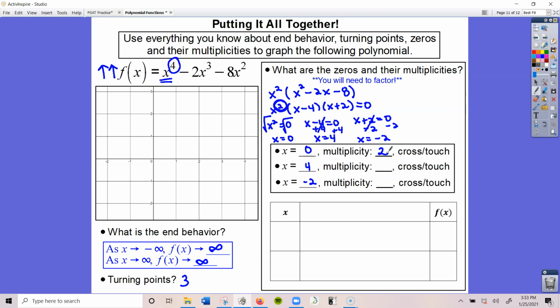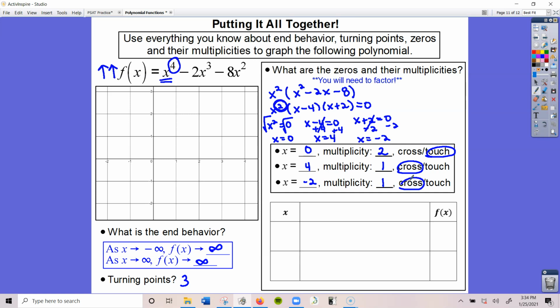If the multiplicity is 2, that means that my graph will touch the x-axis because of that even multiplicity. At x is equal to 4, this only occurs 1 time, and 1 is an odd number, so it will cross. And the same thing for x is equal to -2. This only occurs 1 time, so it will cross.